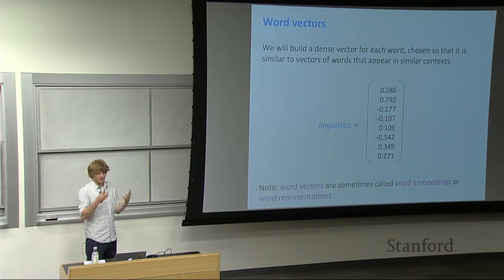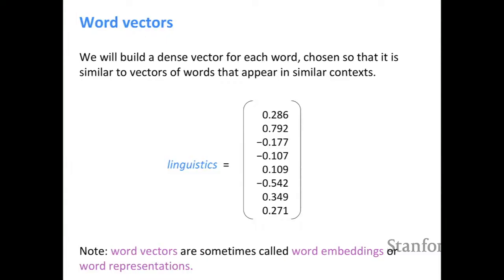Now the question is, how do we actually represent all these other words, which could also just be discrete IDs, into one representation? And the main idea here is that instead of having these discrete one-hot vectors, we'll have a single dense vector representation for each word. And the hope is, and we'll describe in this lecture how we do this, that one dense vector representation actually captures all the different contexts that a word might be in.